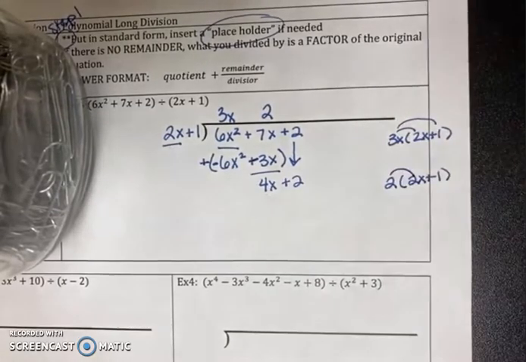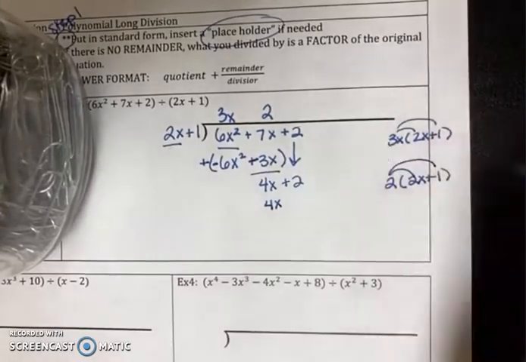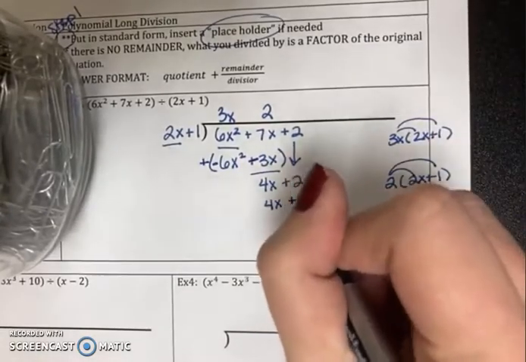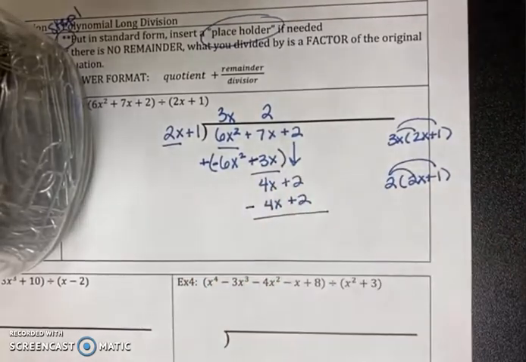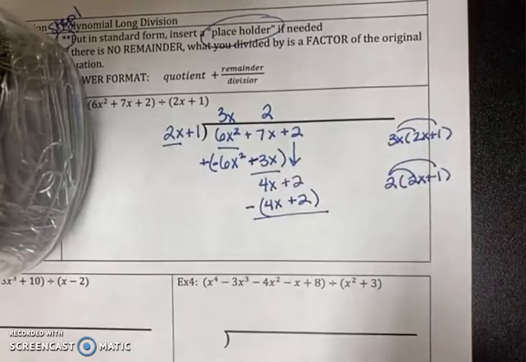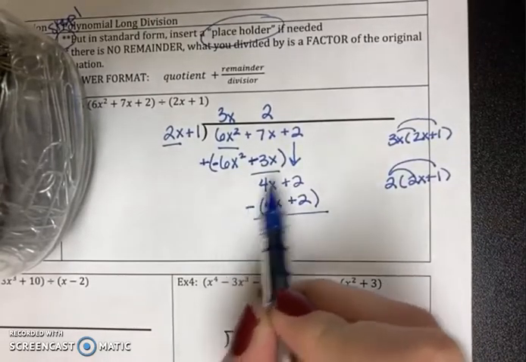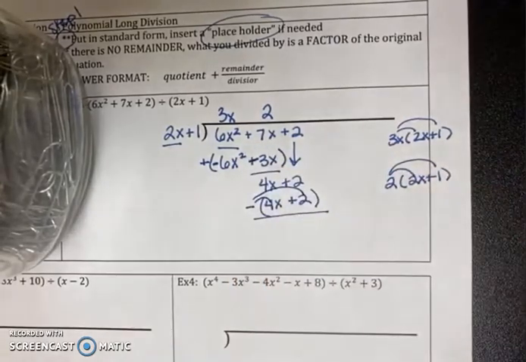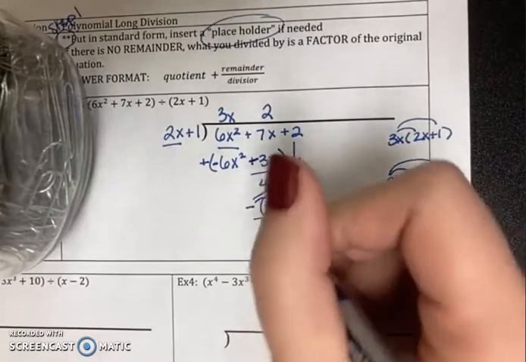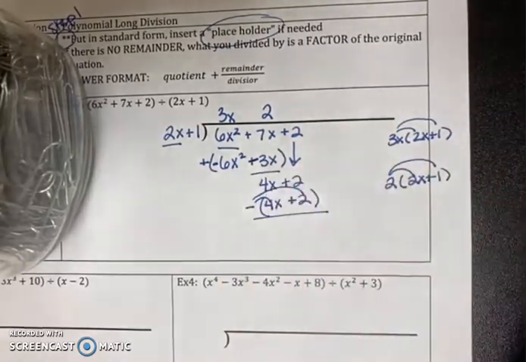Well, 2 times 2x is a 4x. 2 times 1 is 2. So I'm going to subtract that. Remember, when you subtract, you distribute that negative to each term. So this would become a minus, and this would become a minus. 4x minus 4x is a 0x. 2 minus 2 is 0.